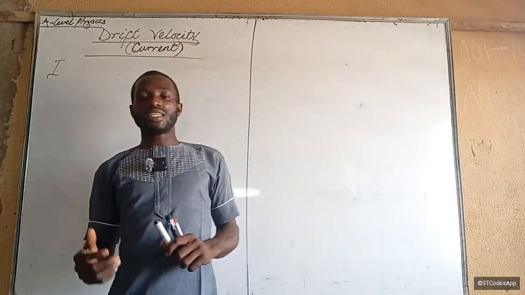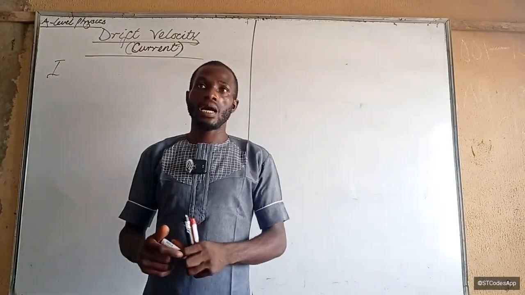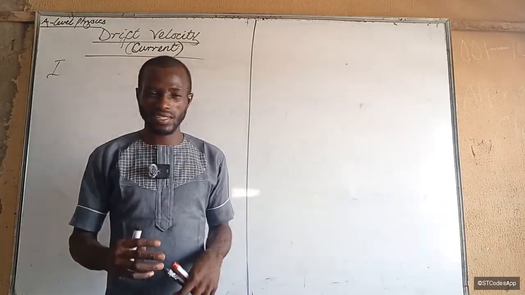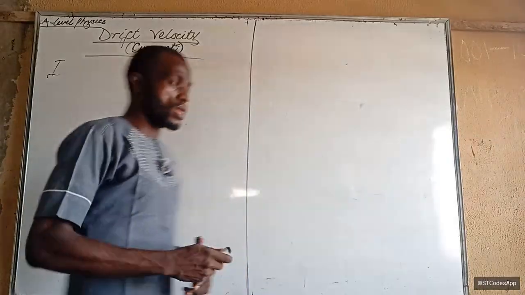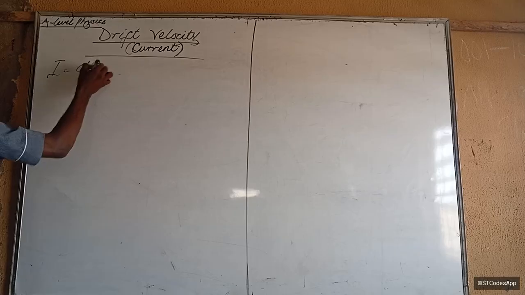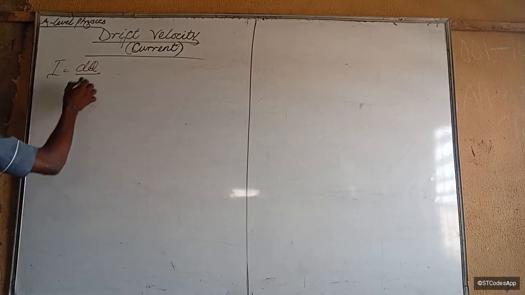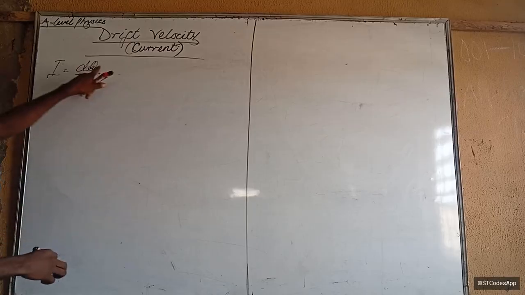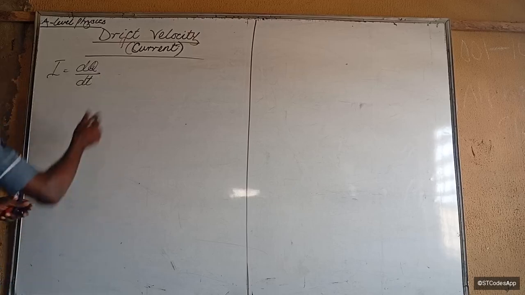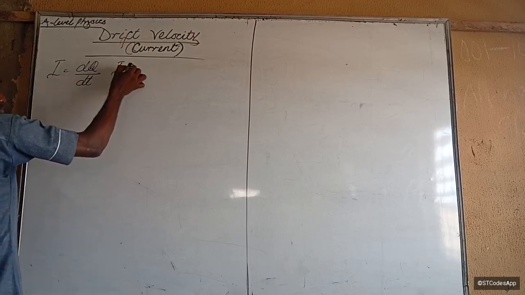It is the steady current that we commonly define as simply the rate of flow of charge. When we look at average current, we say it is the average charge over average time. The rate of flow of charge, that is what we're still talking about. So this is average current.